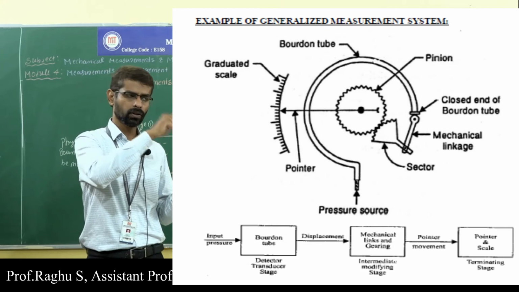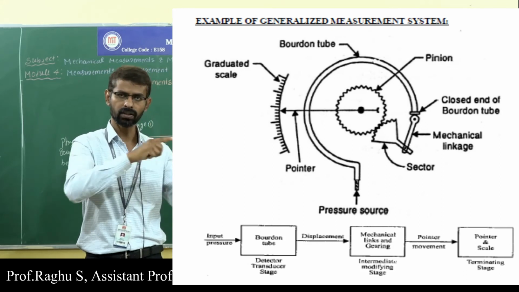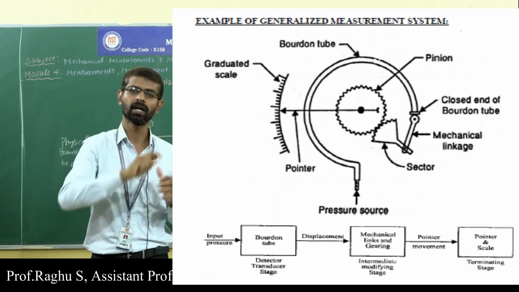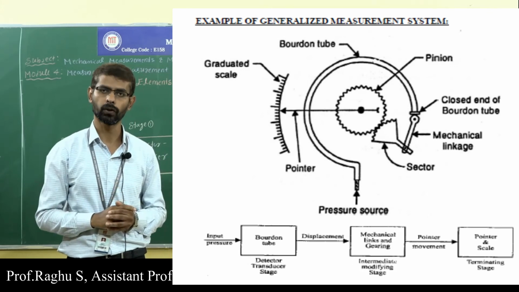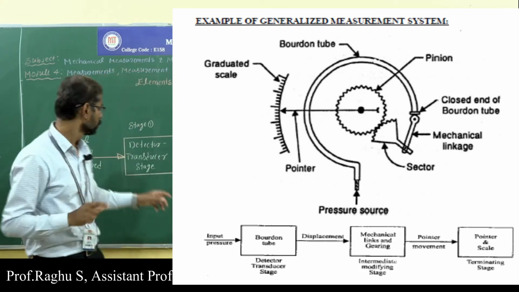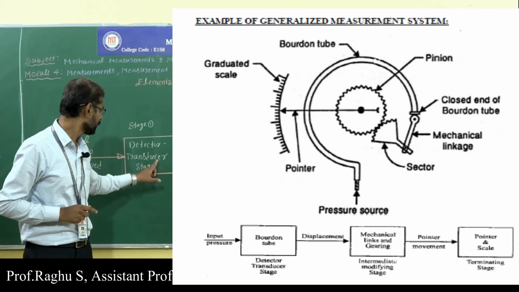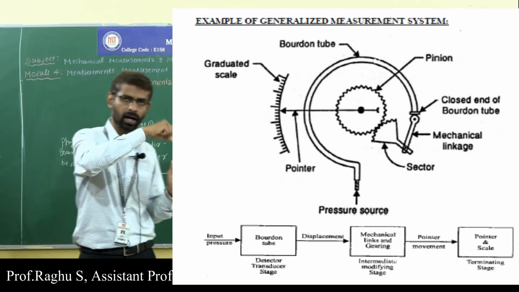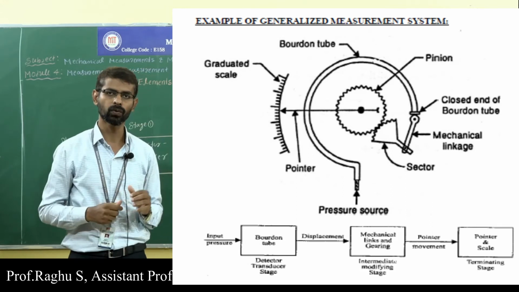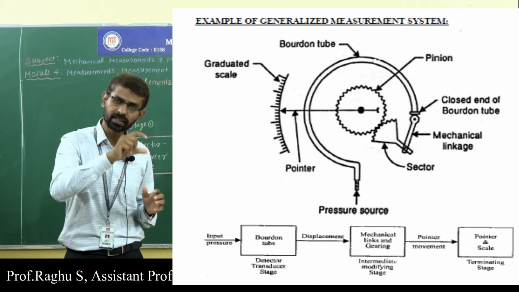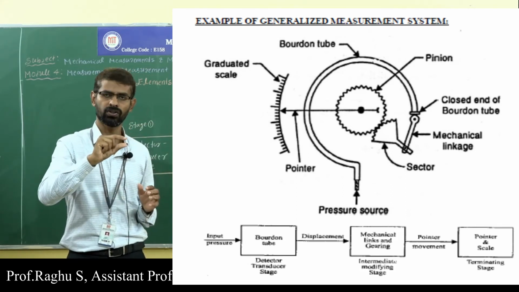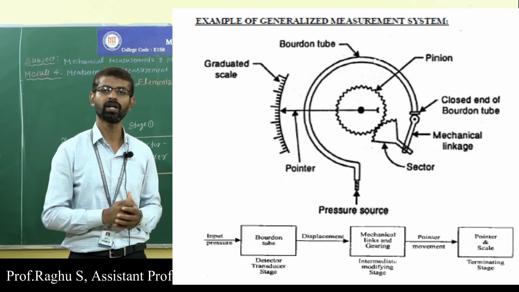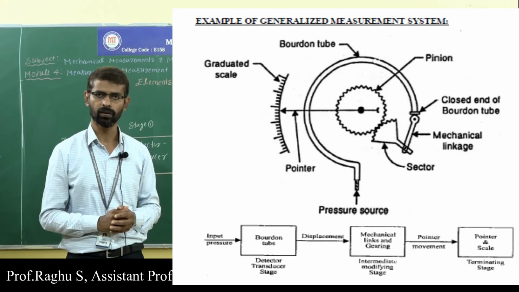Here we are seeing a C tube. That C tube is called the Bourdon tube, and it acts as the detector transducer element. The function of the Bourdon tube is to detect the pressure to be measured and convert the pressure into small mechanical displacement.